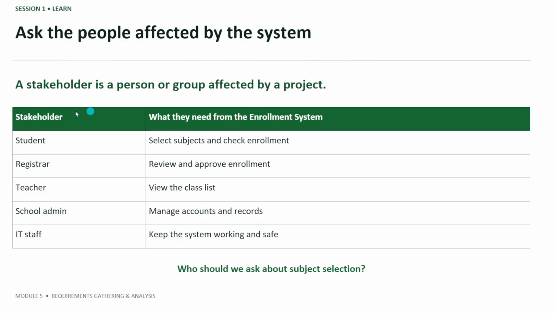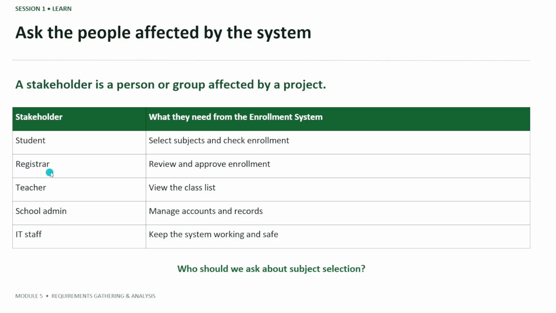So we have these stakeholders, or the persons or the users involved in the enrollment system project that you're building. So who are the users? They are the students. Next is the registrar, the teacher, school admin, and the IT staff. Those are the major users of the system.